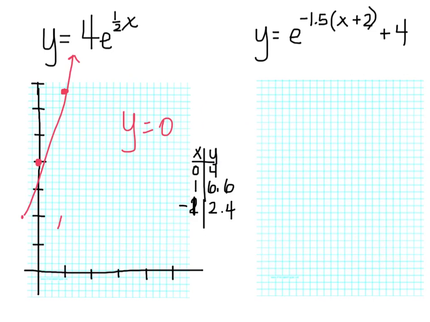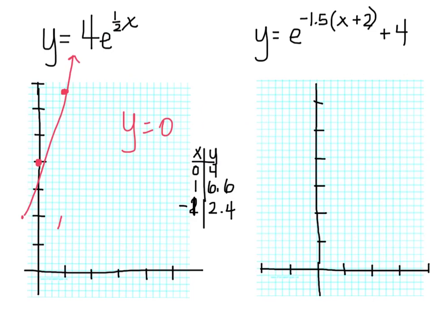Now I'm going to switch over to this one, and because it is e to the -1.5(x plus 2) plus 4, this is going to be a backward shift of 2 and an upward shift of 4, but we're just going to put this in the calculator and grab some numbers. The first number I'll grab is -2, which will be about 5.